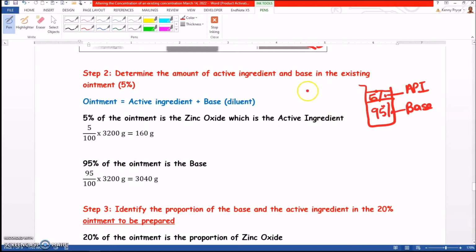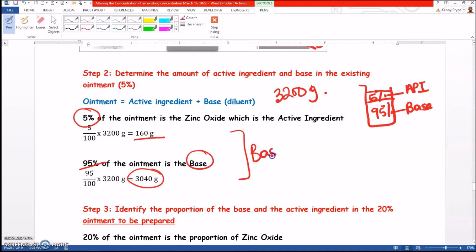So if we know that the existing cream or ointment that we have is 3,200 grams, and we know that 5% of that 3,200 grams is zinc oxide, then we can determine the amount of zinc oxide powder that would have been in that ointment. Similarly, we know that 95% of the ointment is the base. And that means that the total amount of base in the 3,200 gram ointment would be 3,040 grams. Now we're throwing around the word base. What does base mean?